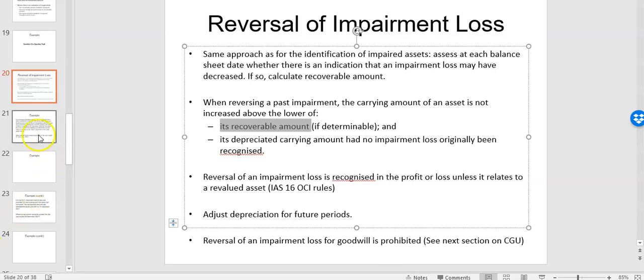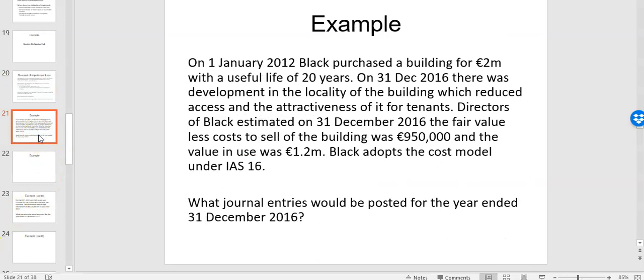So I think the easiest way to look at this is, let's look at a worked example. On the 1st of January 2012, Black purchased a building for €2 million, useful life 20 years. And then at the 31st December 2016, there was a development in the locality which reduced access and the attractiveness for tenants. So again, this was an external indicator of impairment.